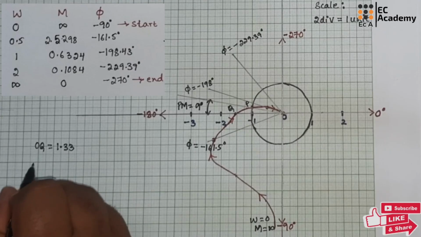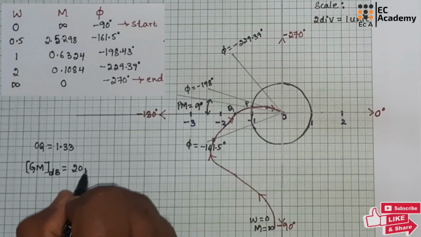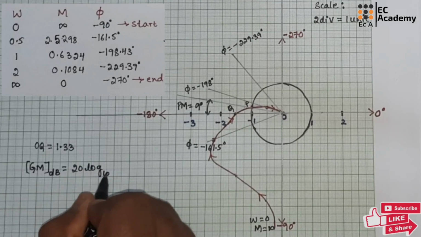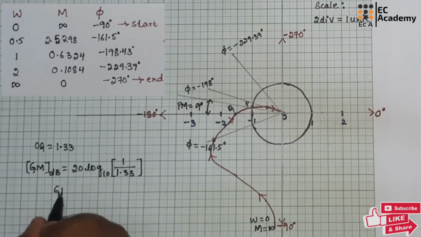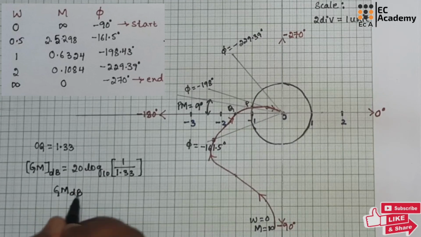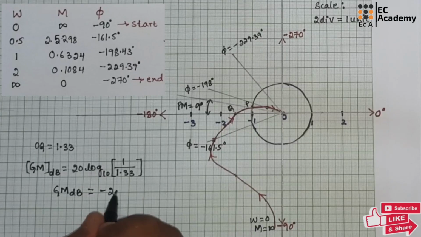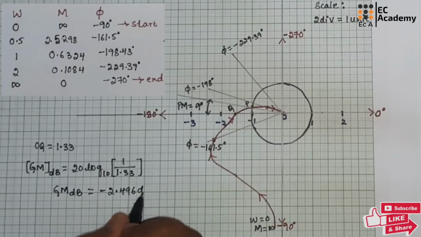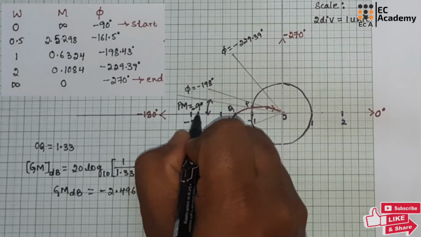Now we need to find the gain margin in terms of decibels. We can take 20 log to base 10 of 1 divided by 1.33. So we'll get the gain margin in decibels as minus 2.496 decibels. Here the phase margin is minus 9 degree, not 9 degree.